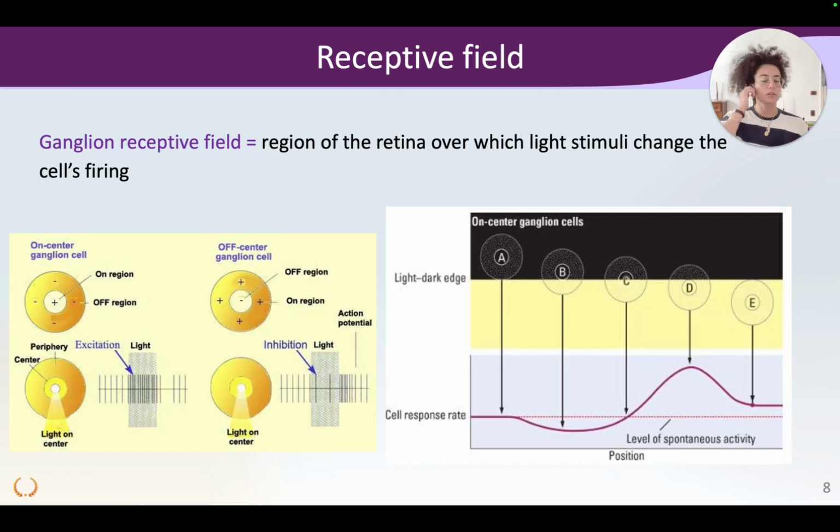The off-center cells work in exactly the opposite way. When the light enters the center, there is inhibition of the cell, whereas when the light hits the outer part of the off-center ganglion cells, there is excitation.